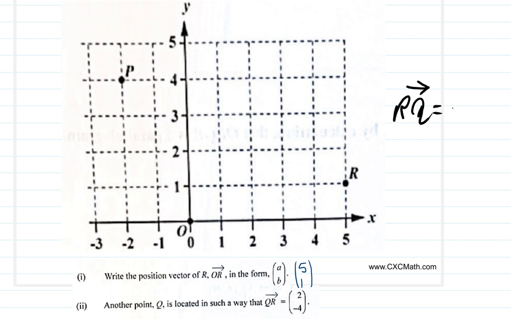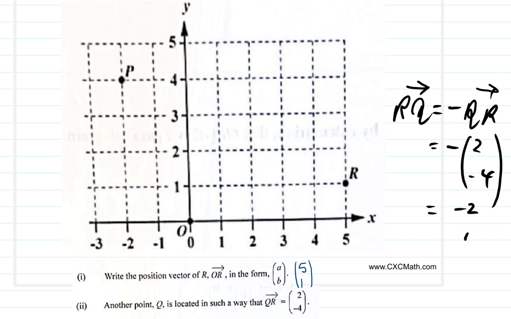RQ would be the inverse vector of QR. Alright? So in that case, it would be the inverse vector of 2, negative 4, which is negative 2, 4. So RQ is negative 2, 4. So that means in going from R to Q, we move horizontally 2 units to the left because it's negative.